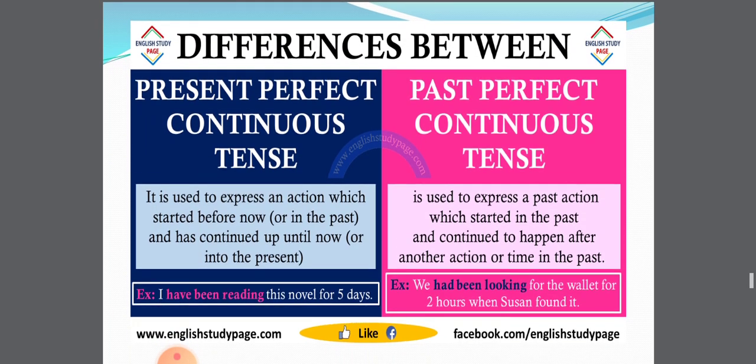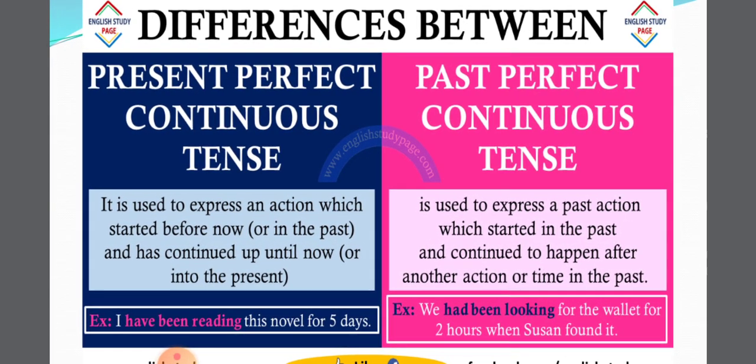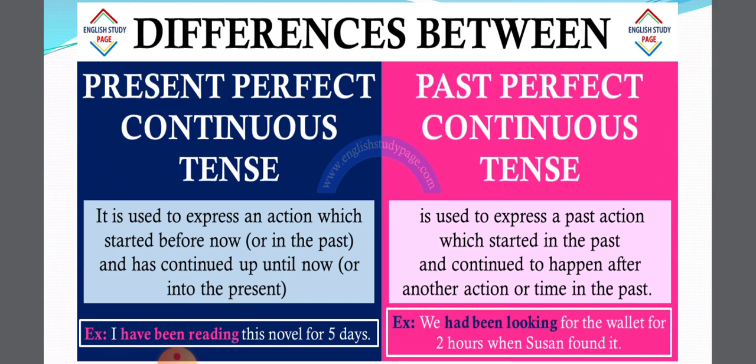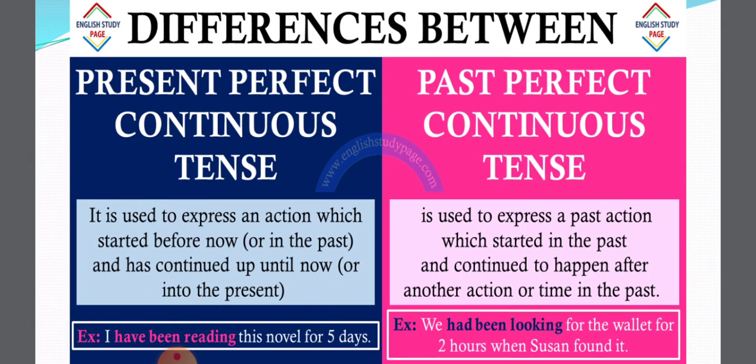Now we'll go to the next, this comparative study of two tenses, present perfect continuous and past perfect continuous. This also gives a lot of trouble to the children. Now we'll see. First, present perfect continuous tense is used to express an action which started before now or in the past and has continued up until now or into the present.